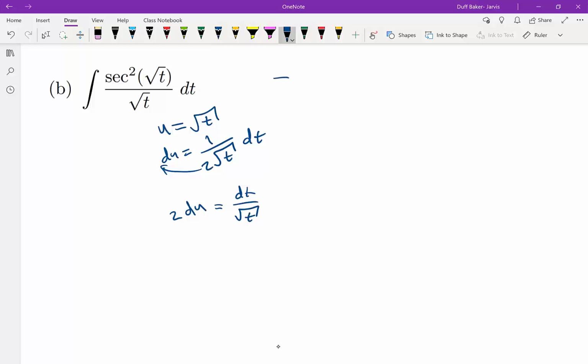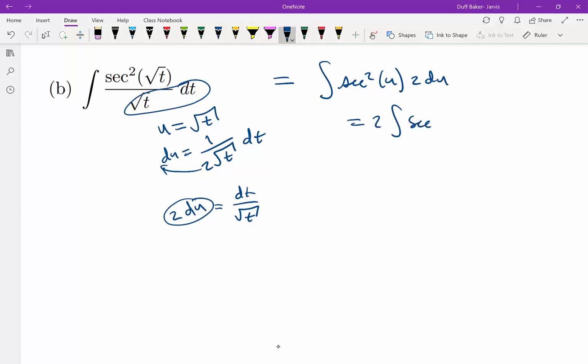Okay, so if I do this substitution, I end up with secant squared of u, and then this dt over root t gets replaced with 2 du. So I have 2 times the integral of secant squared of u du.